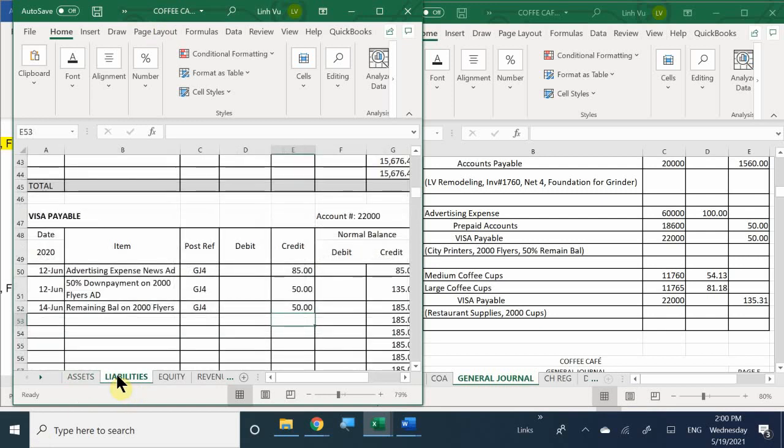we have our Visa payable. So if you go to your liabilities on your Excel sheet, it should be left off exactly where you left off. So here, now I'm going to indicate that I made a purchase using my credit card. I purchased 2,000 cups. Okay.